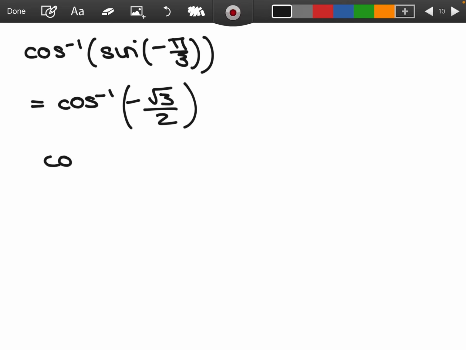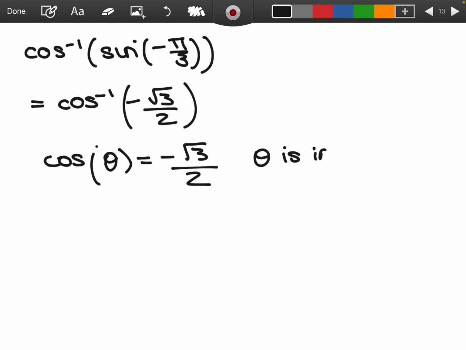Now I've got to find a theta such that cosine of theta is equal to negative the square root of 3 over 2. And because I'm looking at cosine inverse, theta must be between 0 and pi. I'm going to be in quadrant 2 here because I've got a negative x-coordinate.